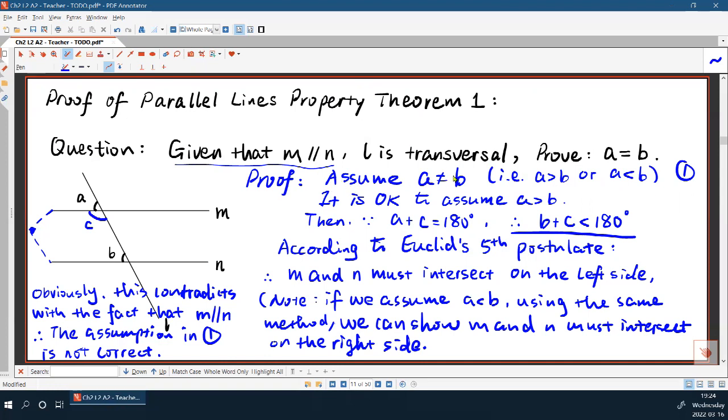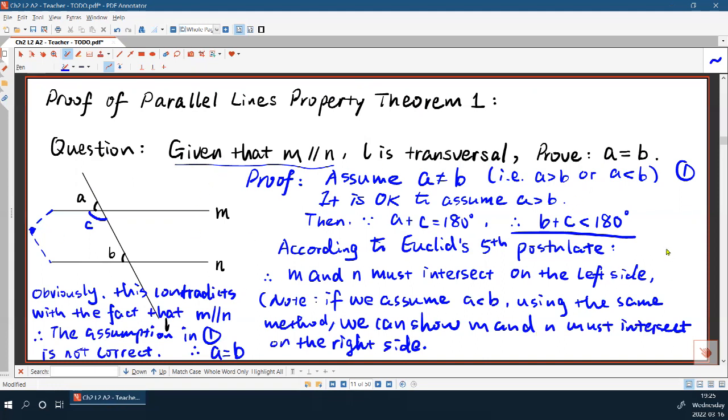If the assumption that A is not equal to B is not correct, therefore the opposite, which is A equals B, should be correct. Therefore, we have proved that A is actually equal to B indirectly, right? Therefore, A equals B.